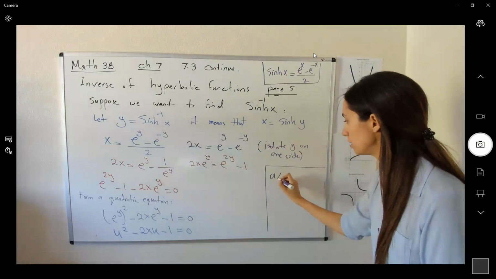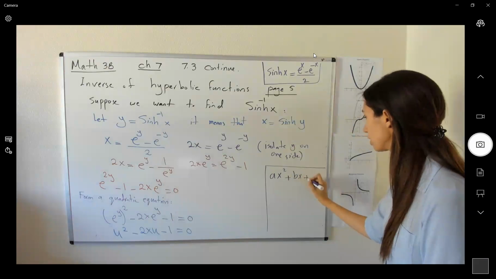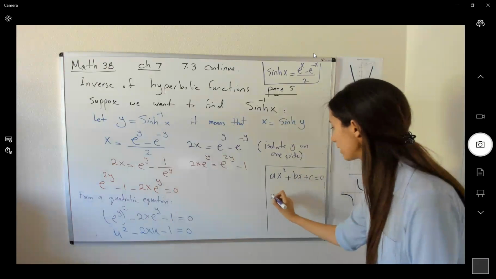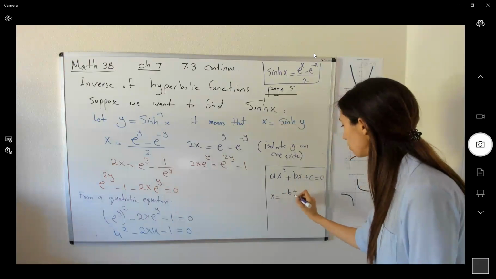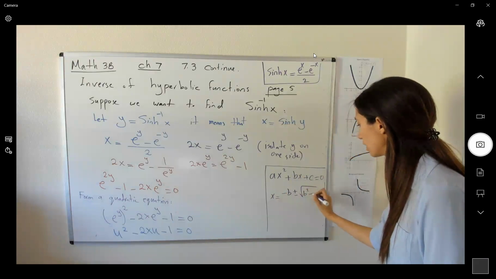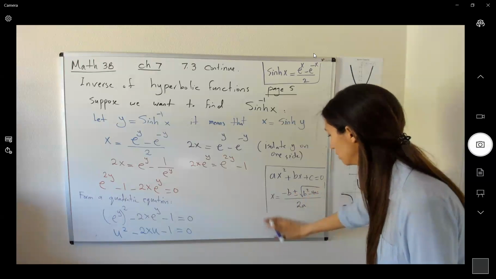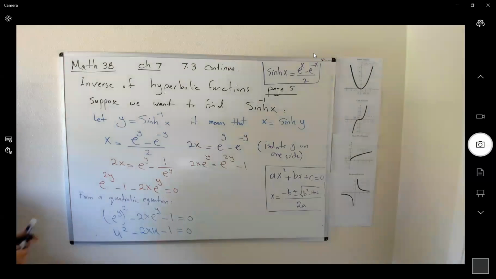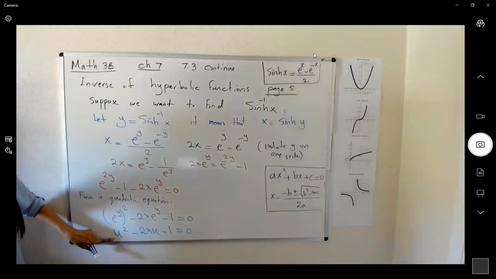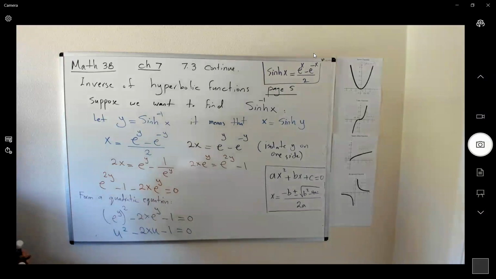If you have ax squared plus bx plus c equal to 0, x can be solved using quadratic formula, negative b plus minus square root of b squared minus 4ac divided by 2a. This is the formula that you're going to use. Note that your variable is u. What is u? U is e to y.